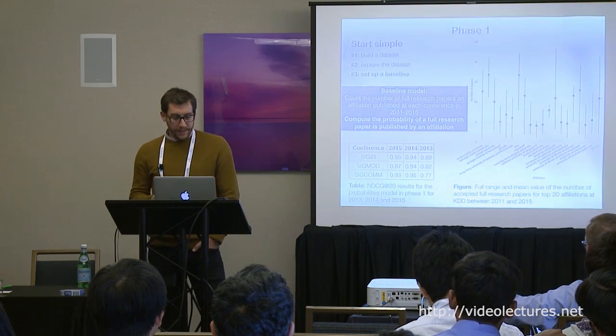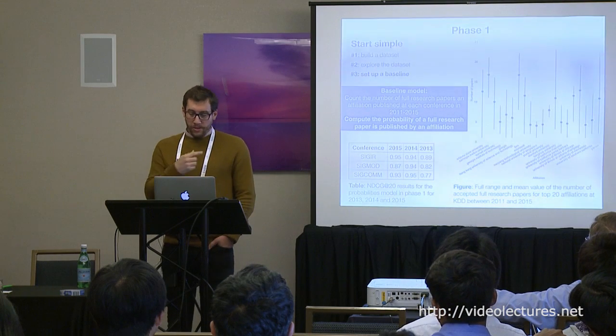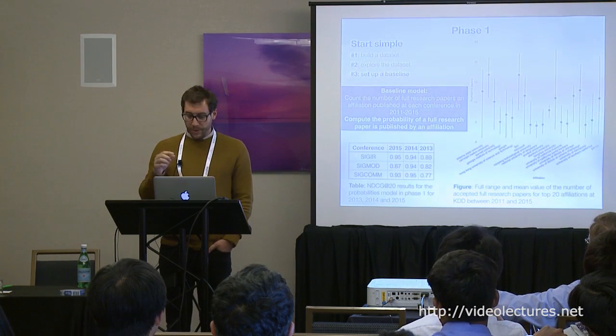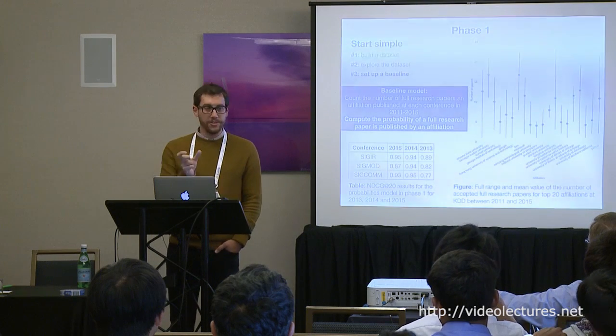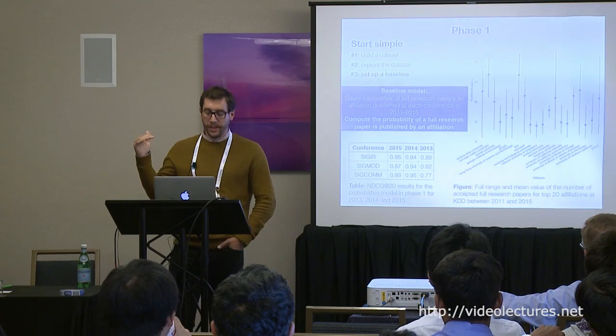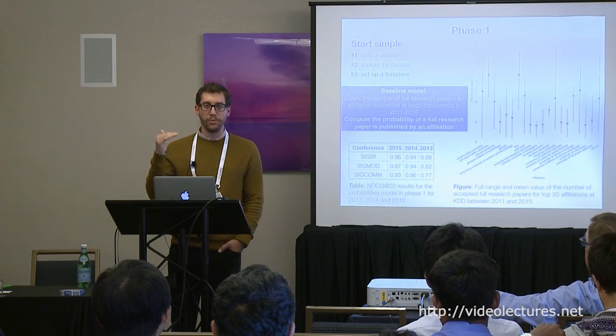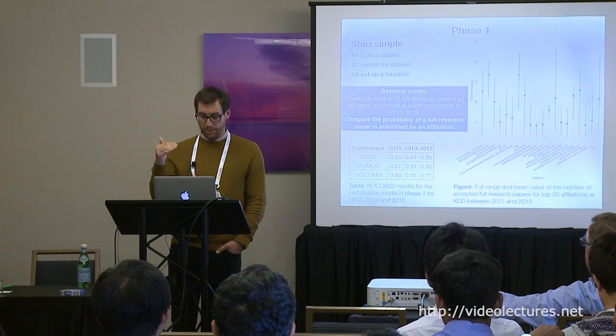So you can see in the table how we did when we computed these probabilities for other years. For SIG-IR, you can see an ascending trend when we used more years to compute these probabilities.